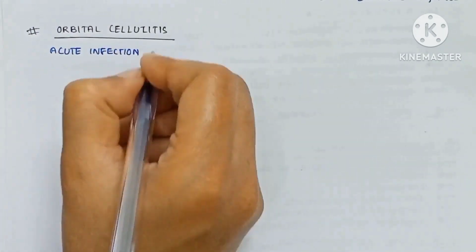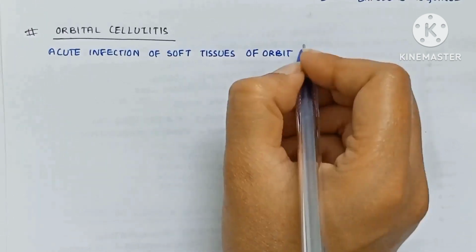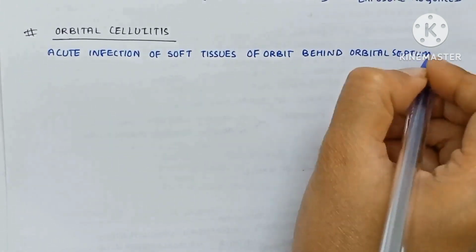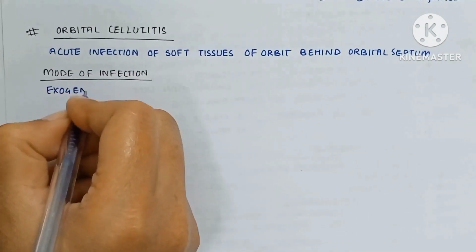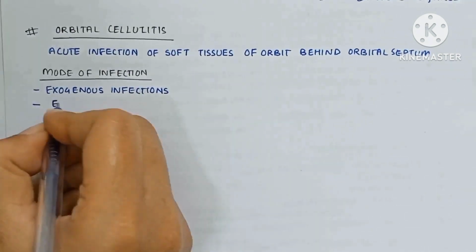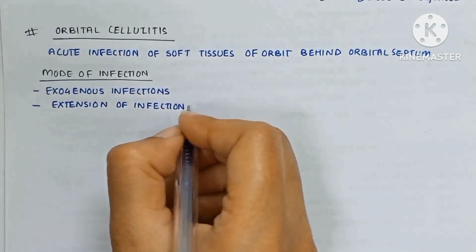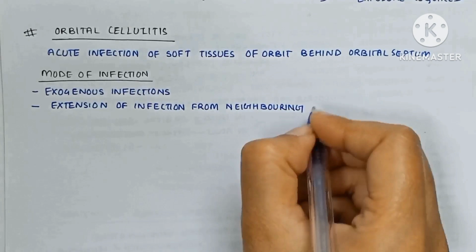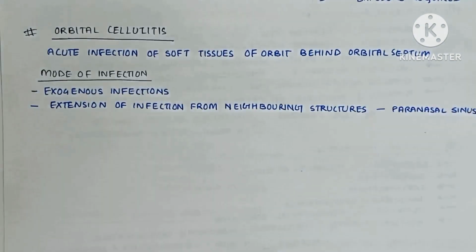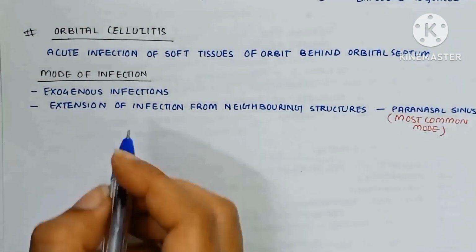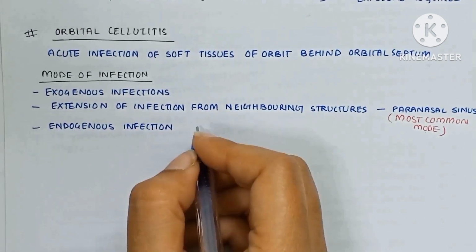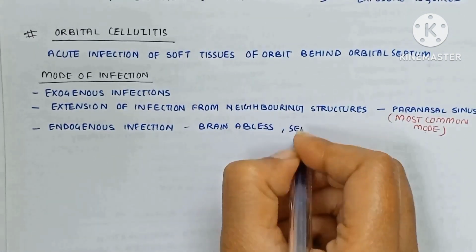Now the orbital cellulitis. It is an acute infection of the soft tissue of the orbit behind the orbital septum. The modes of infection are exogenous infections, extension of infection from neighboring structures such as the paranasal sinuses, which is the most common mode, and endogenous infections, which may be from brain abscess and sepsis.